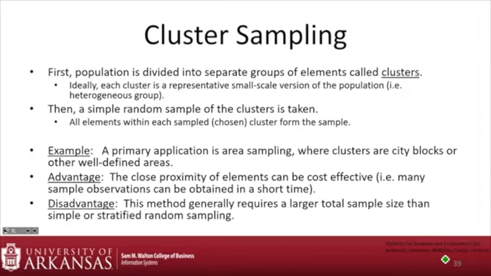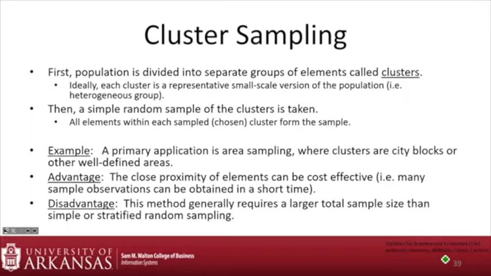Okay. So a primary application is area sampling, where clusters are city blocks or well-defined areas. The idea of cluster sampling is instead of taking the entire state of Arkansas and randomly sampling people from all over the state, or randomly sampling stores from all over the state, the idea would be to find areas, randomly select areas.